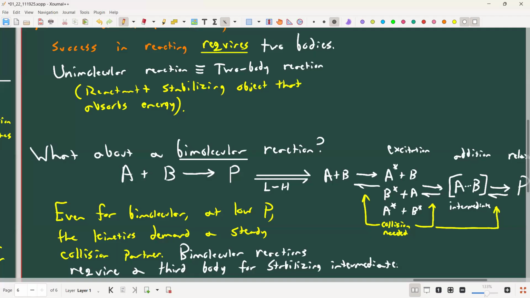But we still think about unimolecular reactions because they occasionally happen over the course of millions of years. They do eventually happen, and there's light and there's eventually collisions, especially in high density areas. So they do happen.